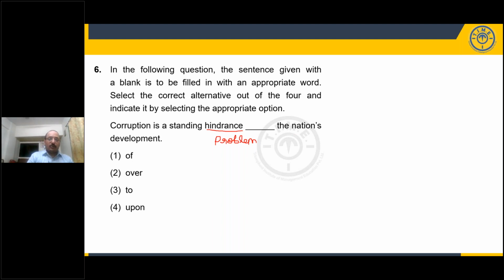Hindrance is always followed by the preposition "to" as a rule. So I have to go for option number 3. If I had "problem", I could have gone for "a problem of the nation's development", something like that. But when I say hindrance, it's a standing hindrance to the nation's development. So option number 3. All right. The preposition "to" will be used with the word hindrance.